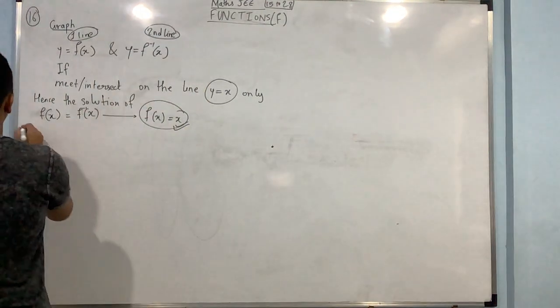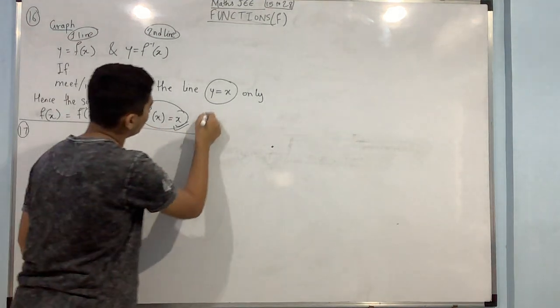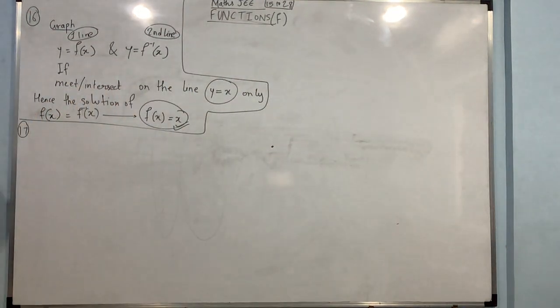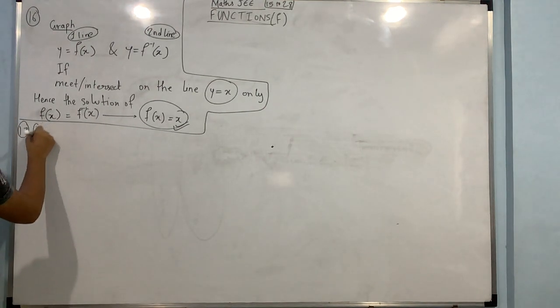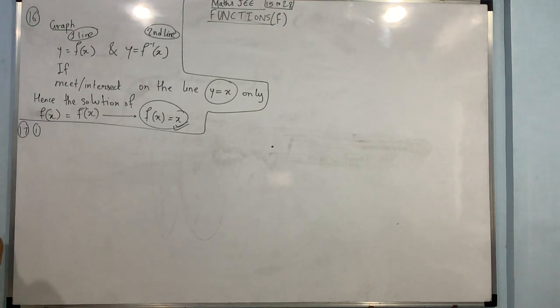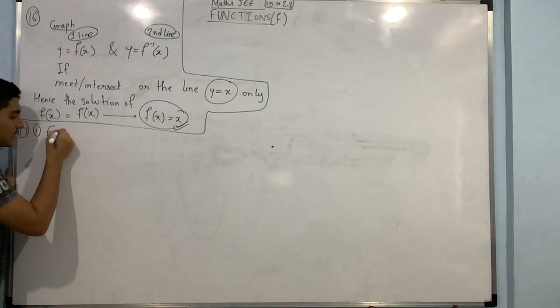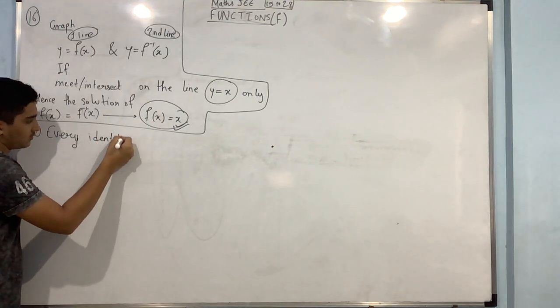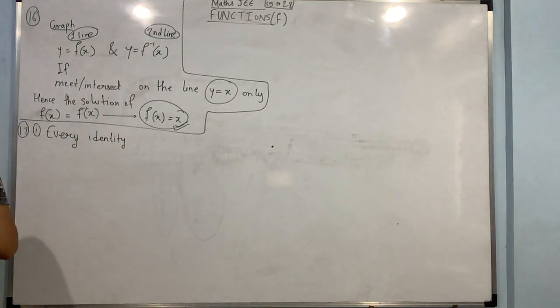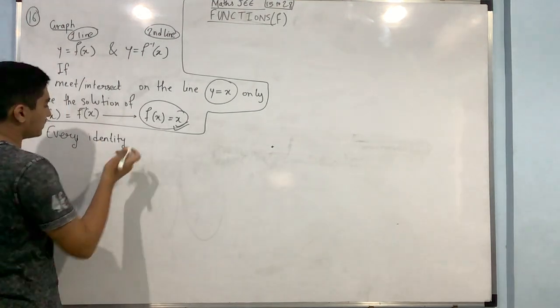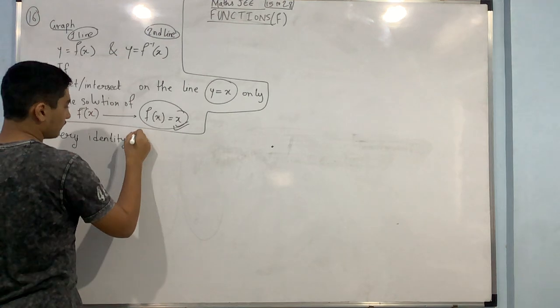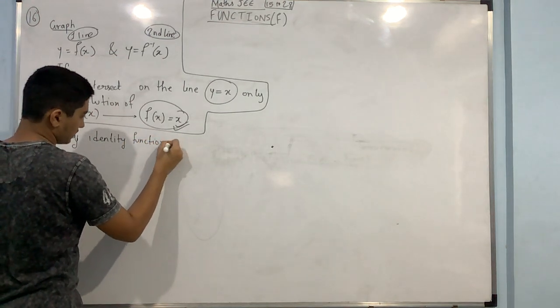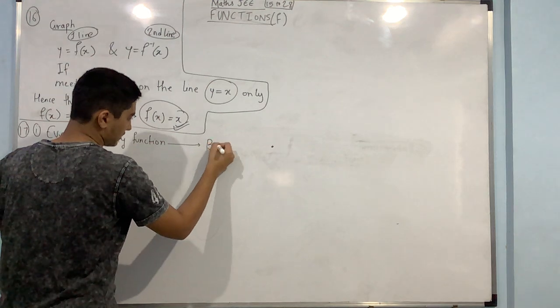Okay, point 17. What does point 17 say? There are two sub-points. The first sub-point: every identity function is a bijection. Yes, this is correct. Every identity function is always a bijection.